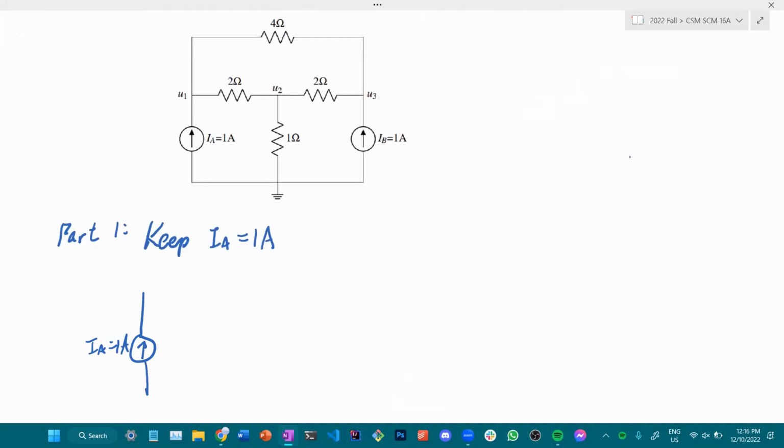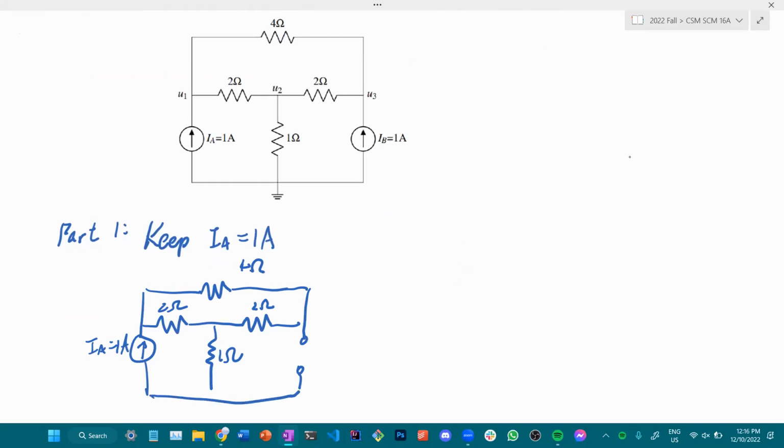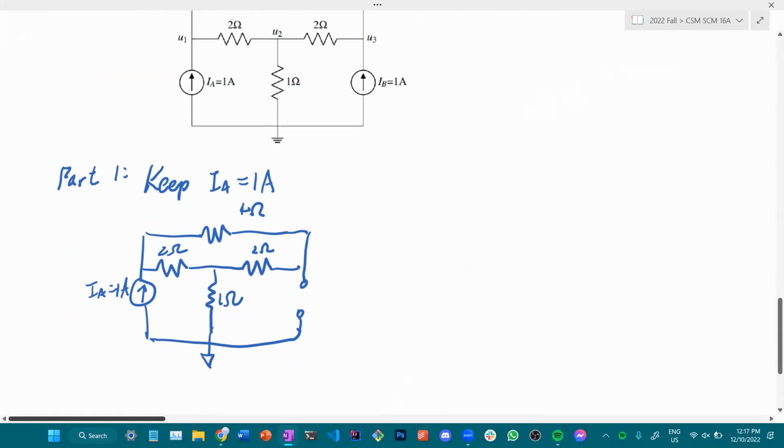We have 4 ohms up here, and a series of 2 ohms up here. We also have 1 ohm here. Once again, IB is 0, so it's an open circuit. The ground node doesn't change. So now we're dealing with this circuit, where we are trying to compute U1, U2, and U3.